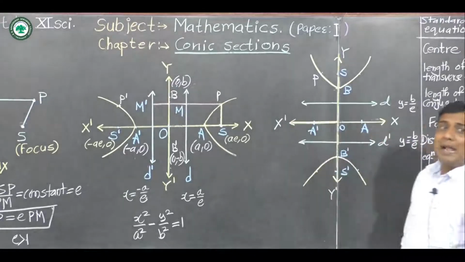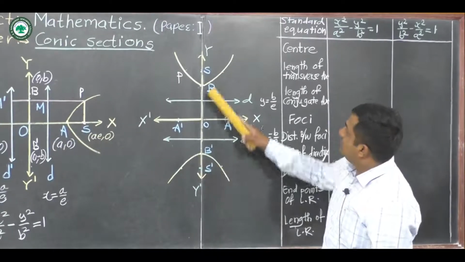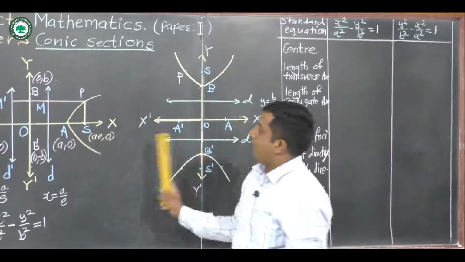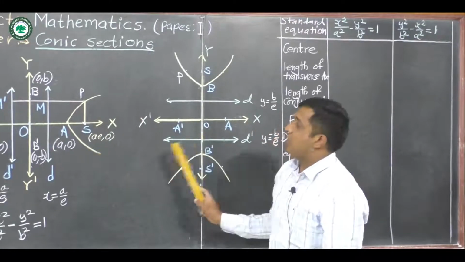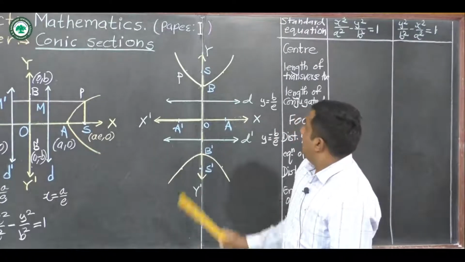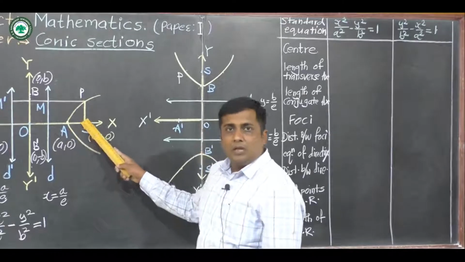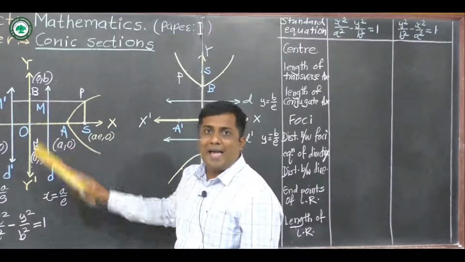Here we have another standard equation of the hyperbola. We consider this figure again. Remember these two figures, or compare these two figures. Here this curve is along the x-axis and does not intersect the y-axis.